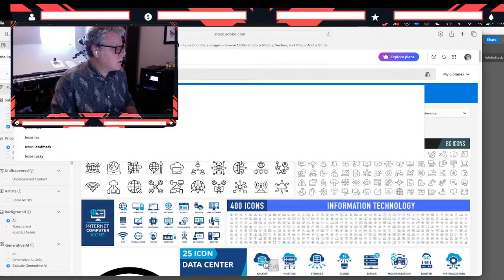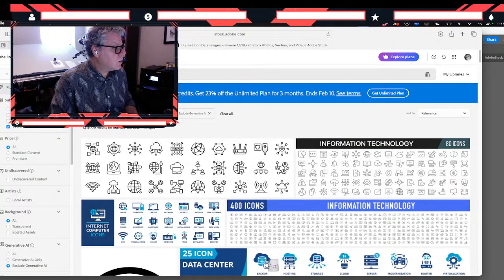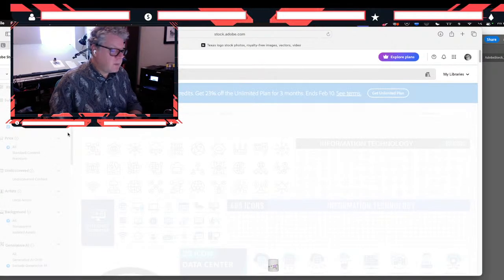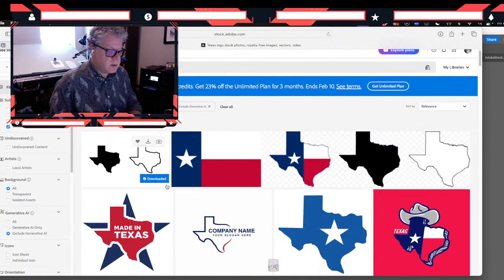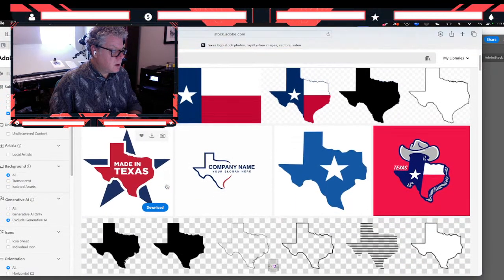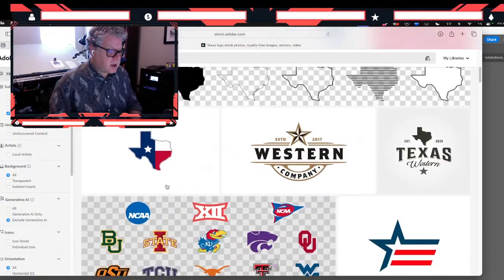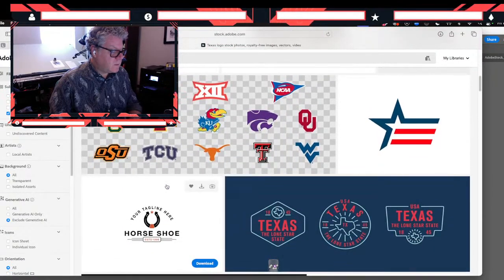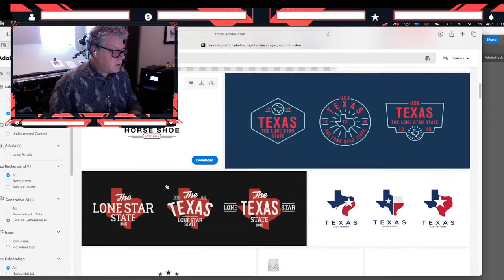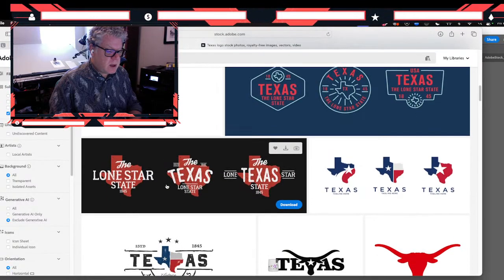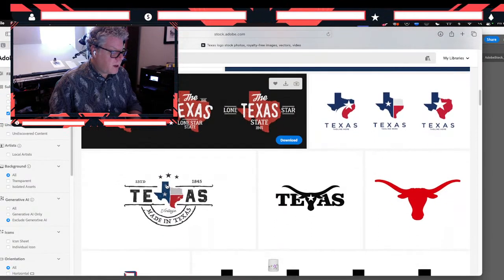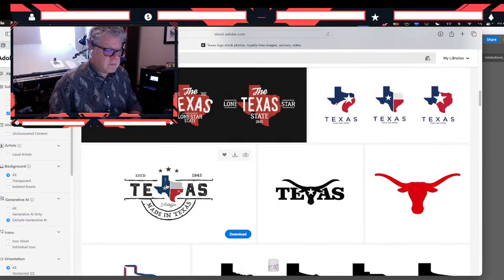Texas logo. Let's just see what pops up in Adobe Stock. Again, I like to come here for ideas, but I don't recommend just straight up using any stock art as is.